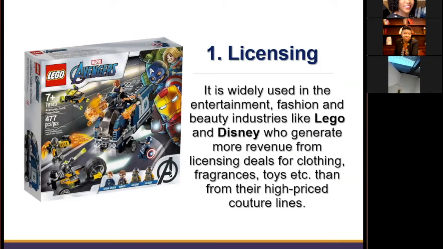So for companies like Lego and Disney, they are able to generate huge amounts of revenue through the process of obtaining these licensing deals. Because these franchises are able to obtain the license to use the names, the symbols, and the figures in these various global licensed entertainment figures or movies or individuals, right?